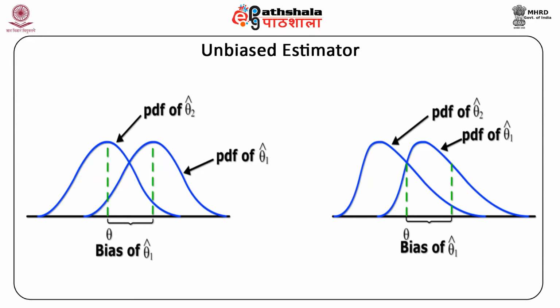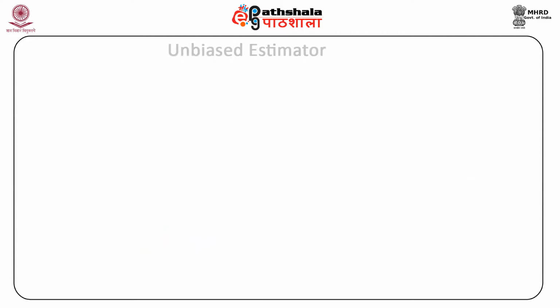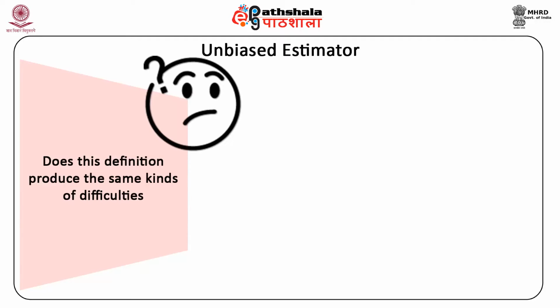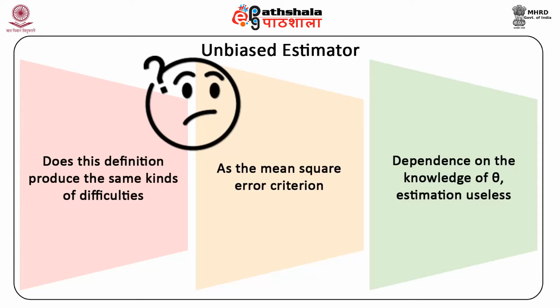Thus, unbiasedness is applicable in case of both symmetric and skewed distributions. Does this definition produce the same kind of difficulty as the mean square error criterion, namely its dependence on the knowledge of theta, which in turn renders estimation useless since theta is already known?